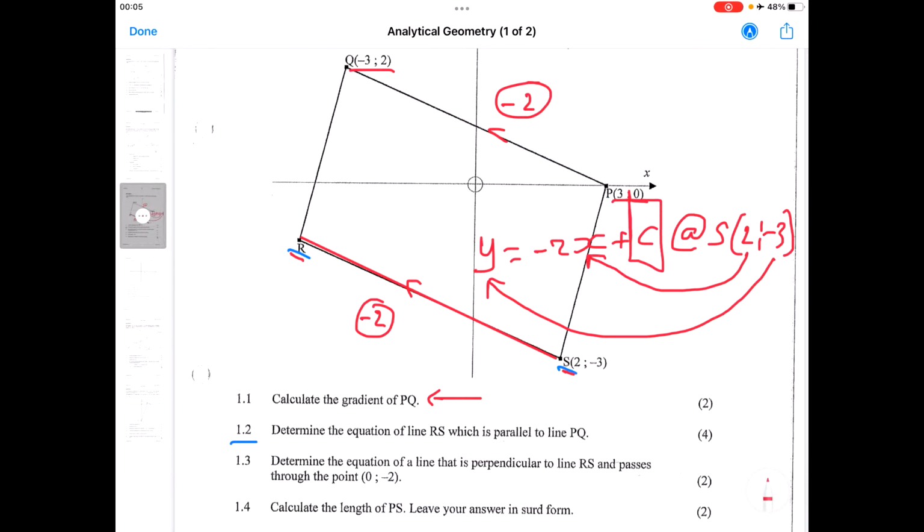Once you calculated the c value, let's say your c is equal to -100. Obviously it won't be a negative value because it cuts the y-axis on the positive side. Maybe let's be realistic and say positive 100, just as an example. So that means the equation of that line is going to be y equals -2x plus 100. That's how you score yourself full marks for that question.